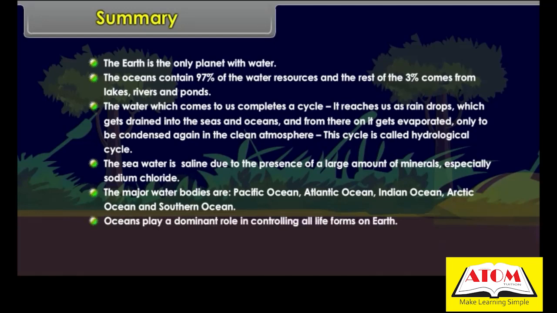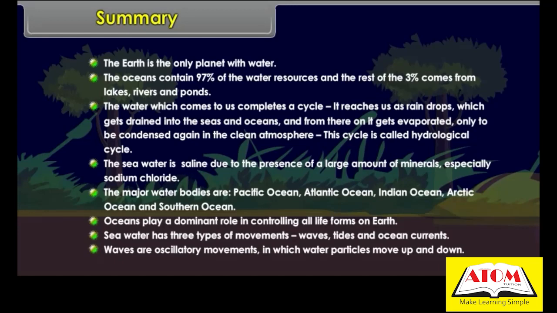Oceans play a dominant role in controlling all life forms on Earth. Seawater has 3 types of movements: waves, tides and ocean currents. Waves are oscillatory movements in which water particles move up and down. Tides are the rhythmic rise and fall of seawater at regular intervals.